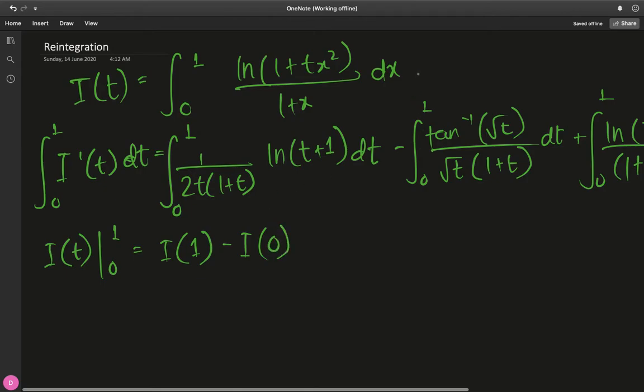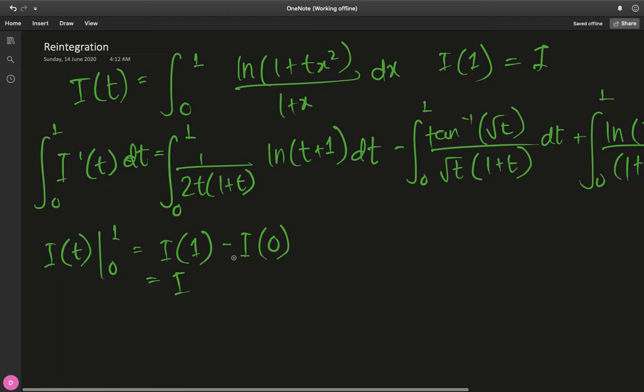So notice that I of 1 is when this parameter becomes 1, so we have natural log of 1 plus x squared divided by 1 plus x, which is nothing but our original question I. And I of 0, when you do that, we have 1 plus 0, which is 1 inside the natural log. So natural log of 1 is 0.